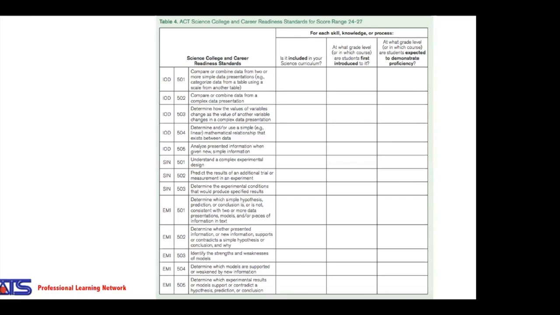So where are the opportunities that we're building in there, whether it's in 5th grade or in 7th and 8th grade or 9th and 10th grade, to support students as they go through the curriculum, going beyond identifying things and giving students opportunity to, for example, analyze presented information when given new information. So that's another tool that's out there that we don't have to jump full into the 5 tools if your district's not ready for it, but another piece to look at as you continue to plan your lessons.